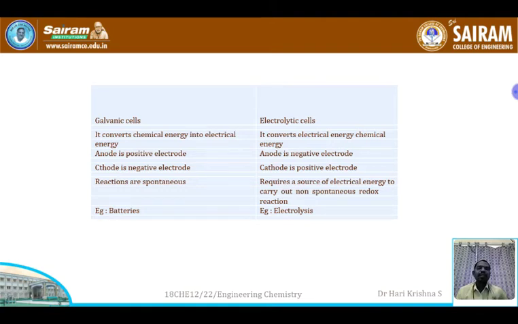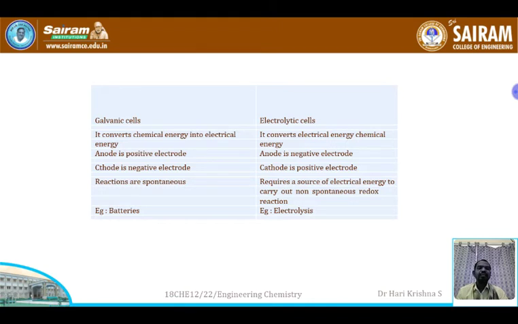An example for galvanic cells is batteries. When you're using batteries, the dry cells in clocks or calculators, the use-and-throw cells, those are examples of galvanic cells. For electrolytic cells, the electrolysis process is the best example. And secondary batteries, when you are recharging the battery, act as an electrolytic cell.